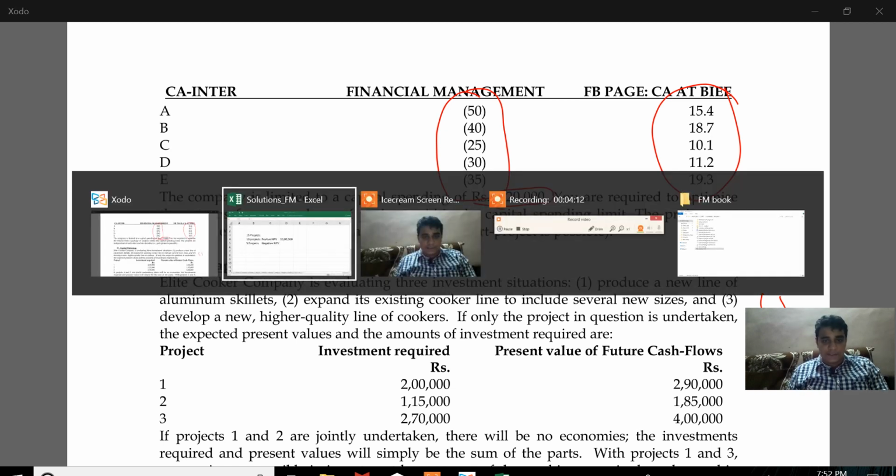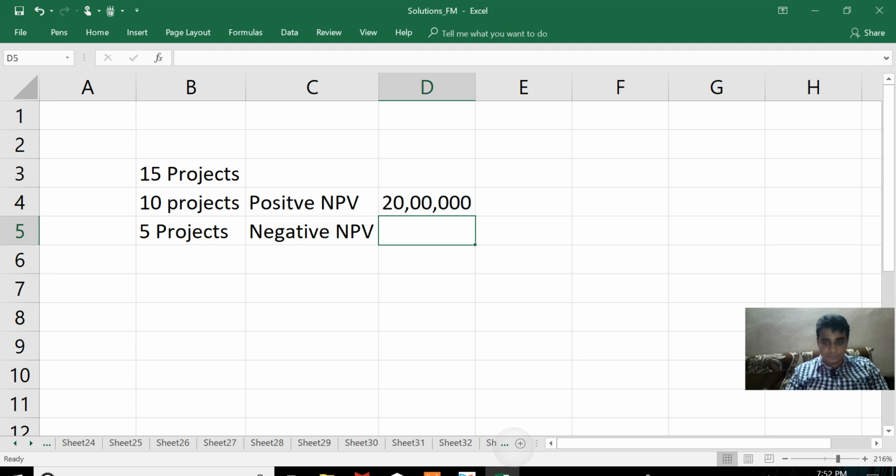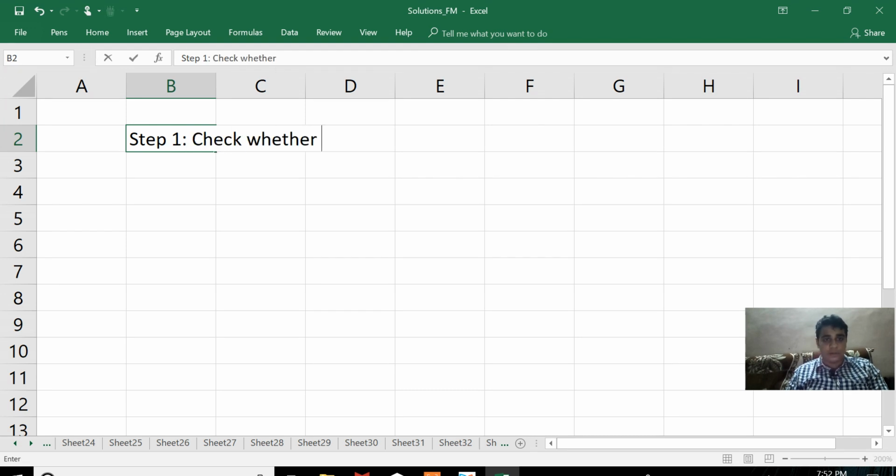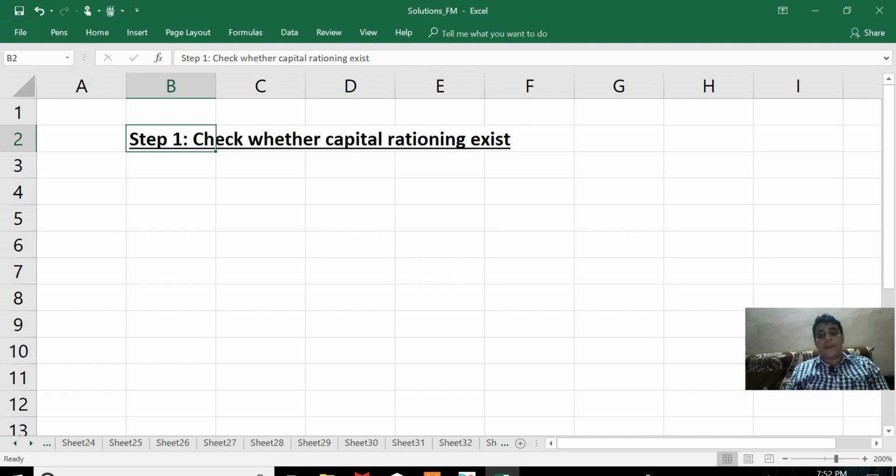Let's go through the steps. Step 1, check whether capital rationing exists. Now how do I check whether there is capital rationing or not? I will have to first find out the NPV of the projects.